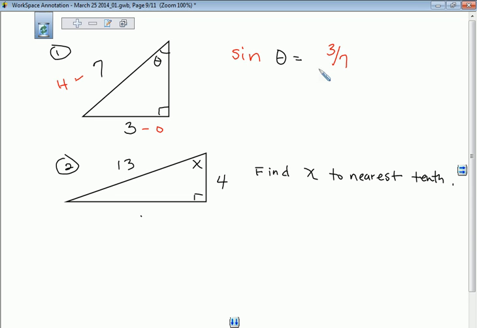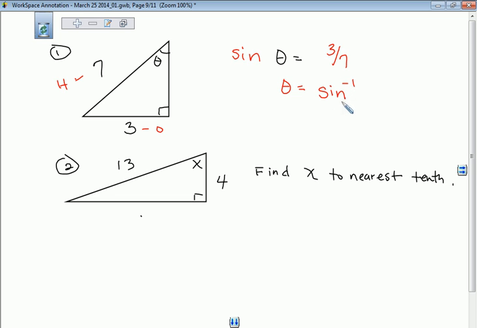We used inverse operations, things that undo each other. So on this, we're going to use an inverse. To solve for theta, when I have sine, I'm going to use the inverse of sine. And the inverse of sine is represented like this: sine to the little -1.